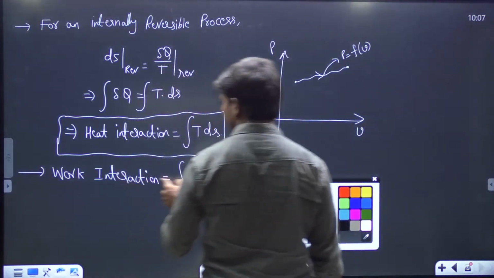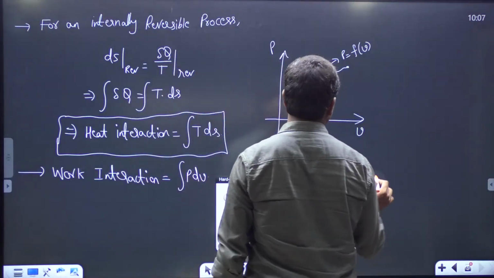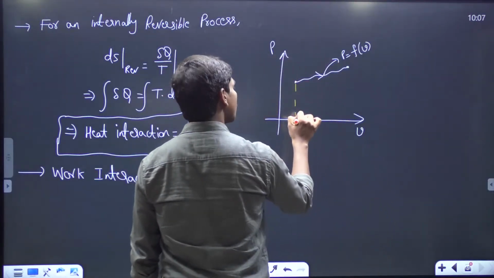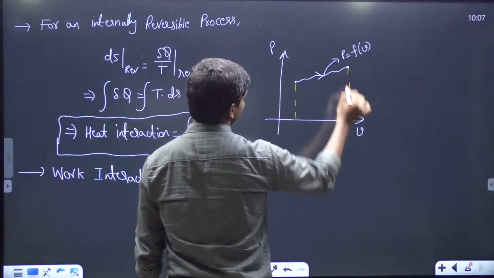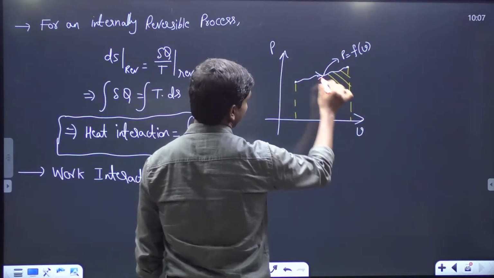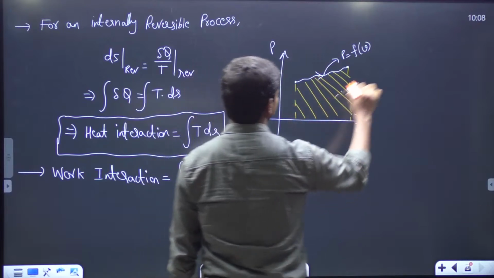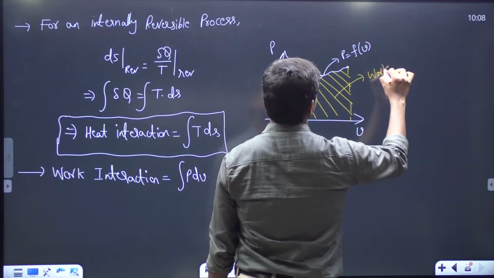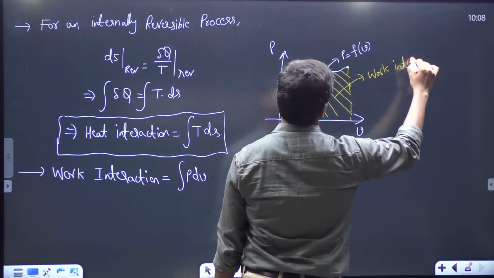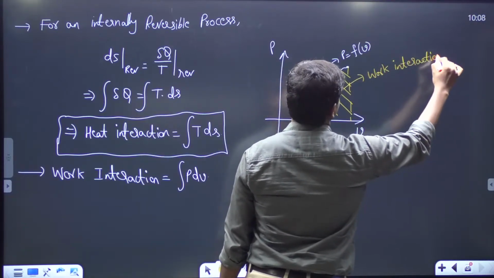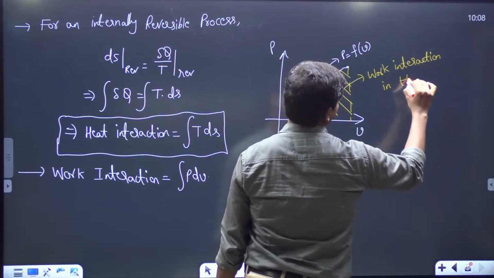If W is equal to the integral of PdV, you find out this area, and this area is equal to the work interaction in the process, correct?